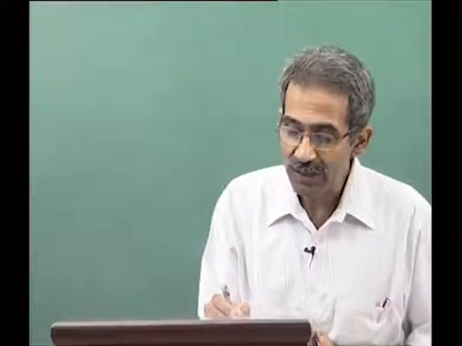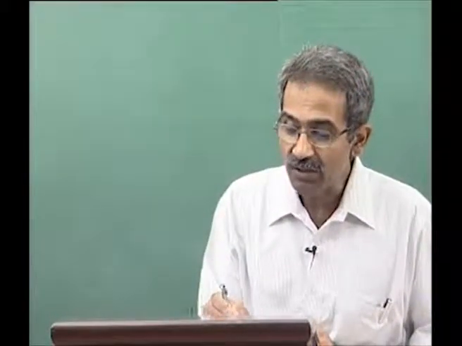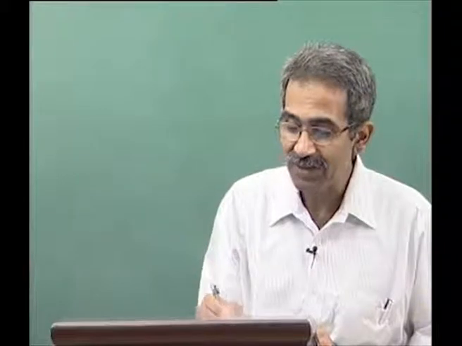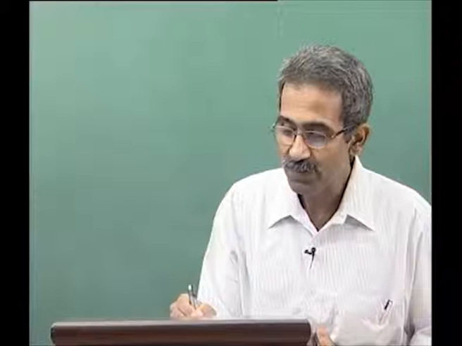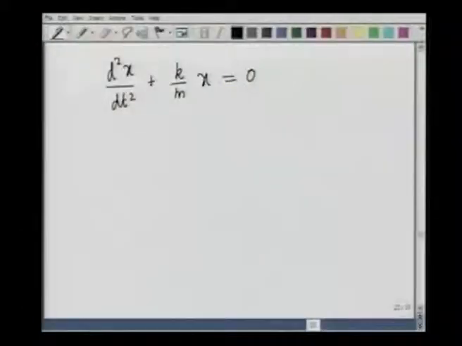In order to explore that, let me do a little bit of dimensional analysis, and let me ask myself what is it that happens. Before I do that, let me return to the oscillator problem, and what is it that I wrote? I wrote d squared x by dt squared plus k by m x equal to 0. Now, if I did a dimensional analysis, this tells me that k by m, the dimension of k by m is what?